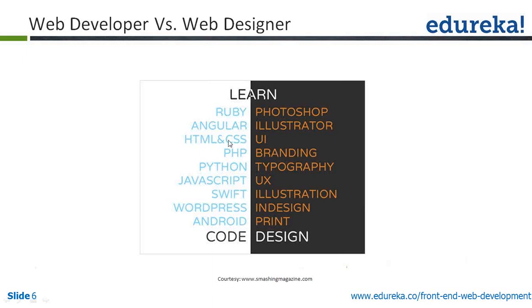On the left hand side, you can see Ruby, a programming language, AngularJS, a JavaScript framework, and of course HTML and CSS, which are very essential for front-end web development, and JavaScript as well. If you're a full stack developer, then you will have PHP and Python skills as well.